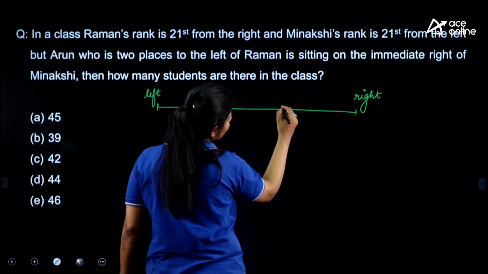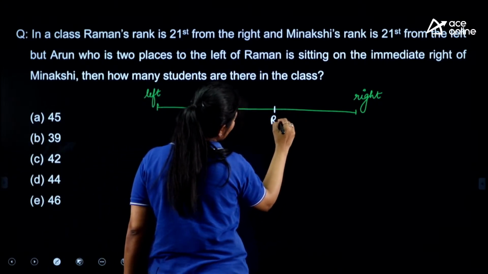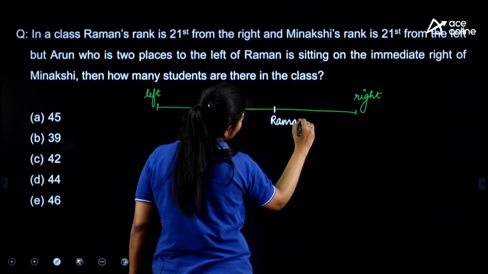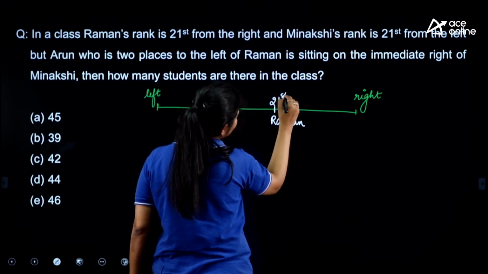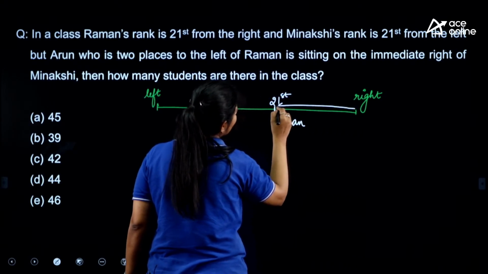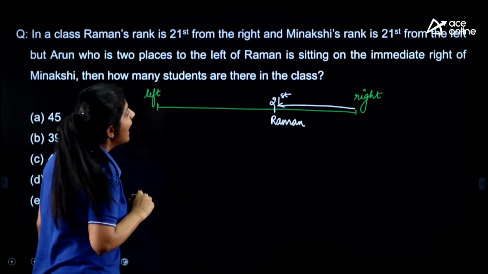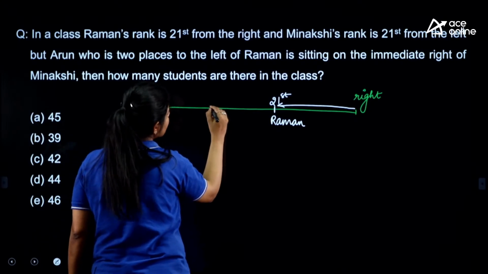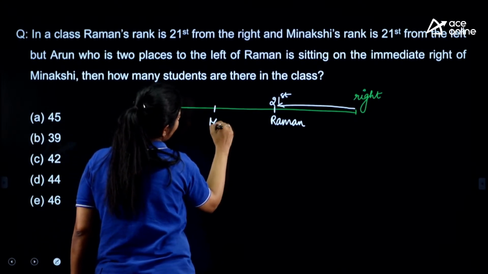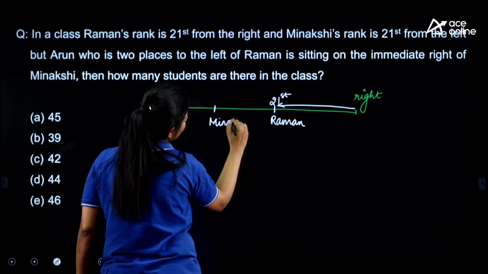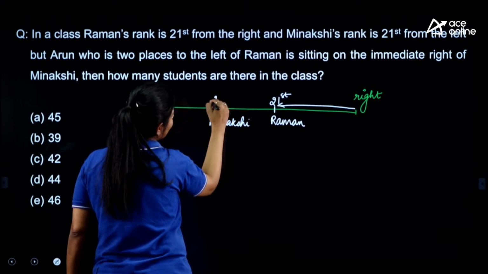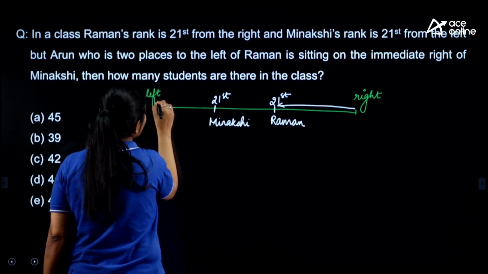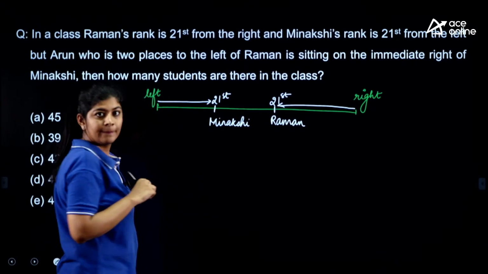So I am assuming that this is the position of Raman and his rank is 21st from the right end, right? Next, Meenakshi is ranked 21st from the left. So I am assuming that this is the position of Meenakshi, again 21st but from the left end, right?